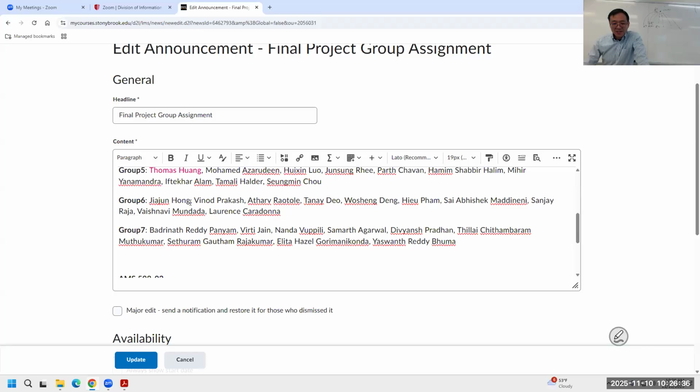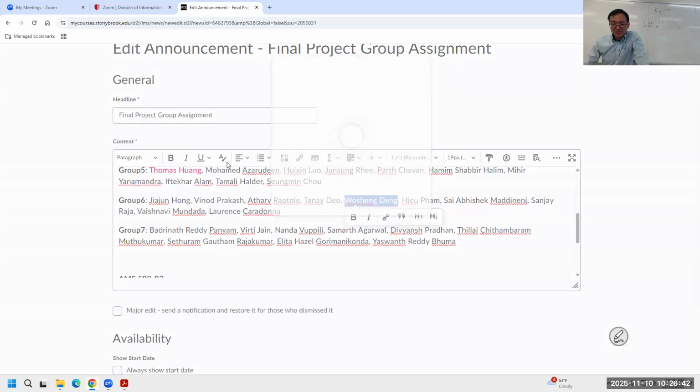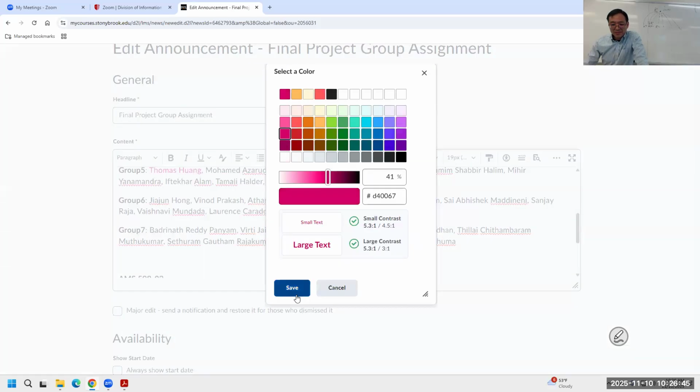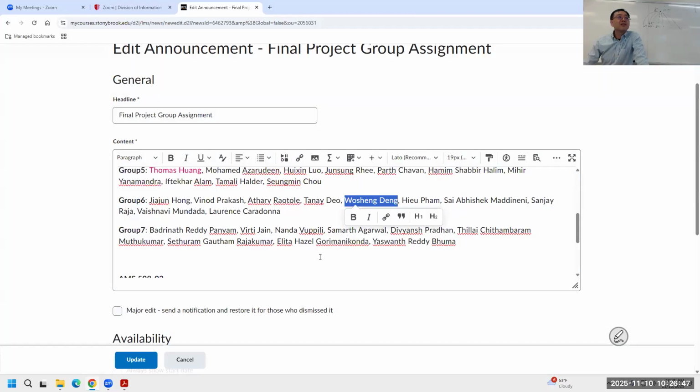Which one? This one? Okay, it's going to be the group contact. Group 7, come on, who is it? What's the name? Second one? Okay.